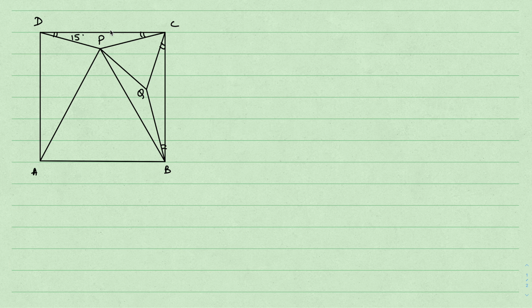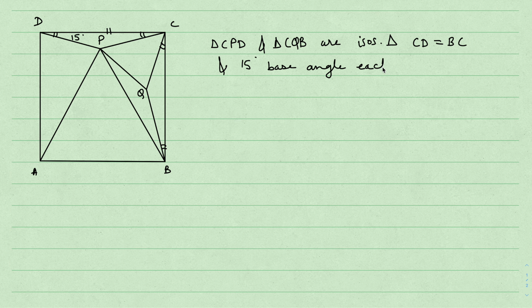So as this is a square, CPD and triangle CQB are isosceles triangles, both having the same base or equal base, as CD is equal to BC, and same 15 degree base angles. So both the triangles are congruent.